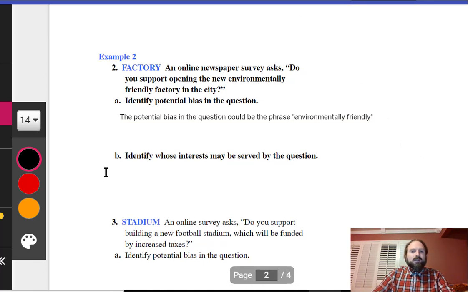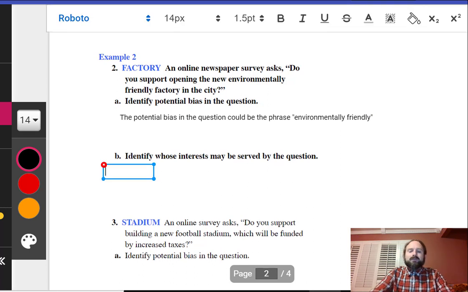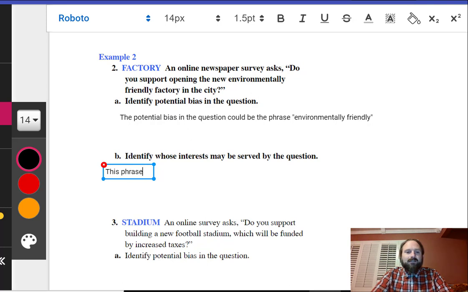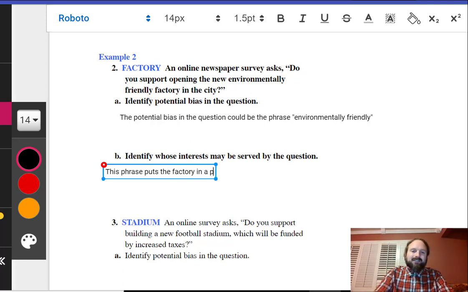Identify whose interests may be served by the question. Okay, well, this phrase puts the factory in a positive light.